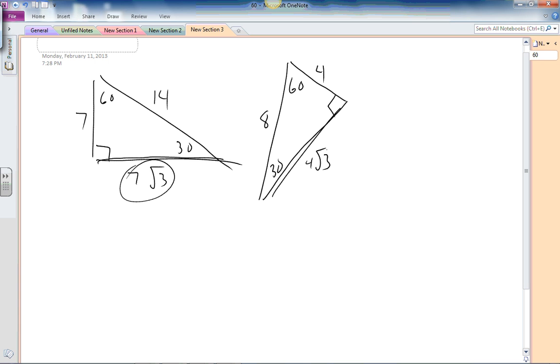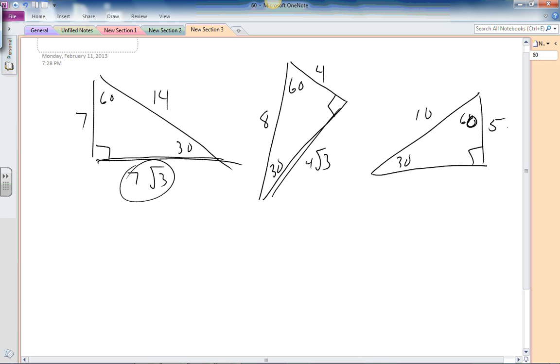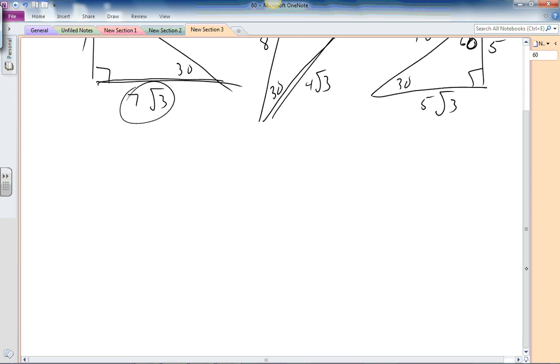Done. Now, I guess you could complicate matters very slightly by doing this. If I tell you the hypotenuse is 10, well, that means the short leg is 5, and that means the long leg will be 5 square roots of 3, but that's not very complicated.